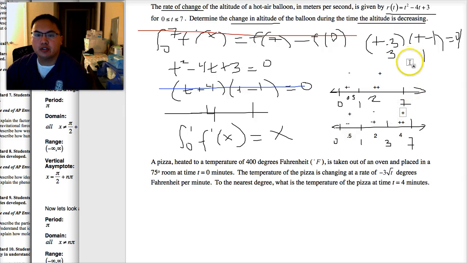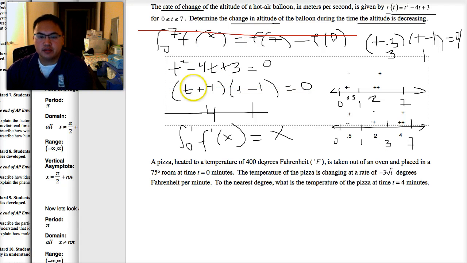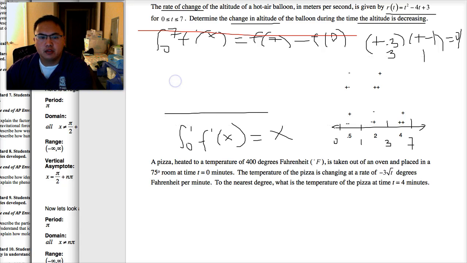So now, what I should have wrote is determine the change in altitude during the time that altitude is decreasing. The only time it's decreasing, if I look at my number line, is between 1 and 3. Okay. So what I'll do is, let's see if I can delete some stuff here.